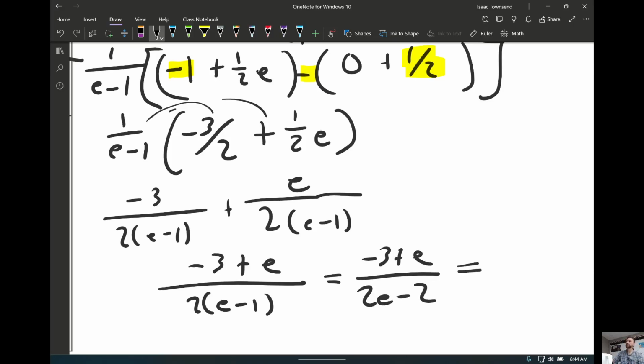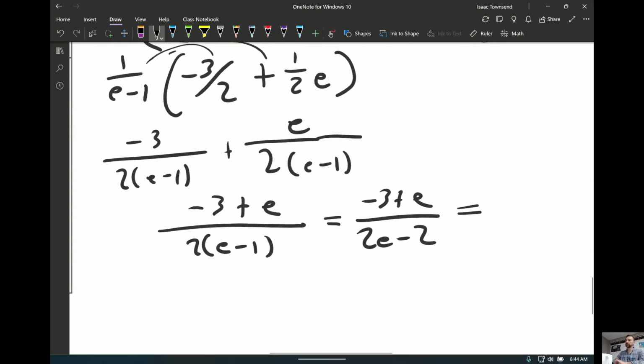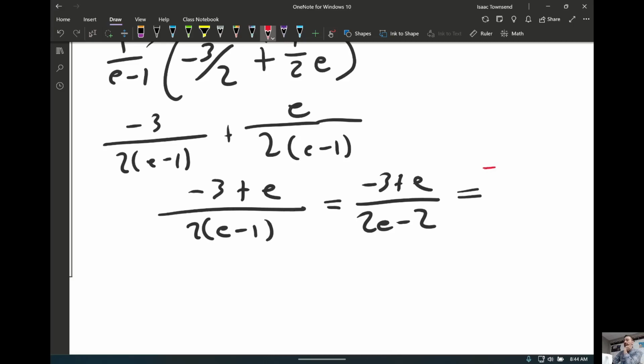Okay, and then finally the last step. I think this is a good step to make you do. I don't know if this was the best question for it because it was such a long question in general. But this still doesn't look like any of the answer choices because they did an algebra trick called factoring out the negative. So they factored a negative out of the top and the bottom.